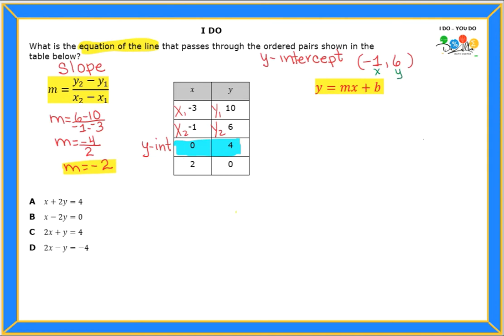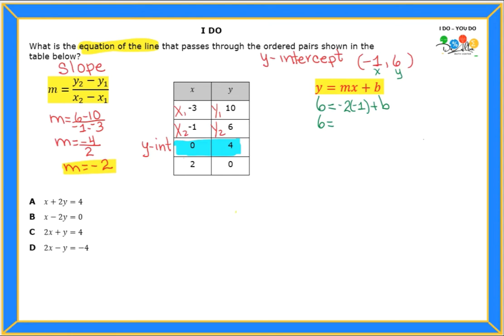Next, I will replace those values in my equation, which is the slope-intercept form. So y is 6, m I found earlier, which is negative 2, x is negative 1, and I write the rest as plus b. I'm replacing only what I can replace. Let's continue.